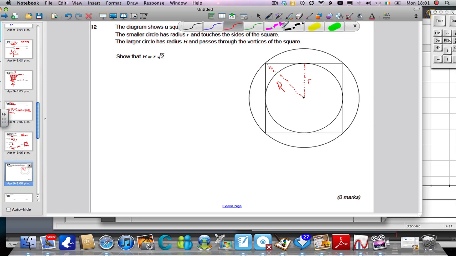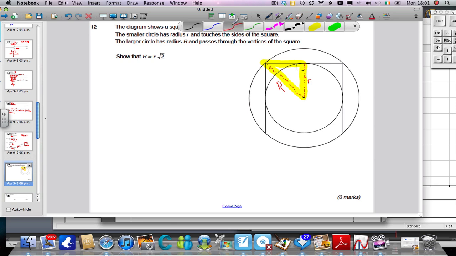And if I just take my highlighter pen, I hope you can see that this shape here is in fact a right angled triangle.